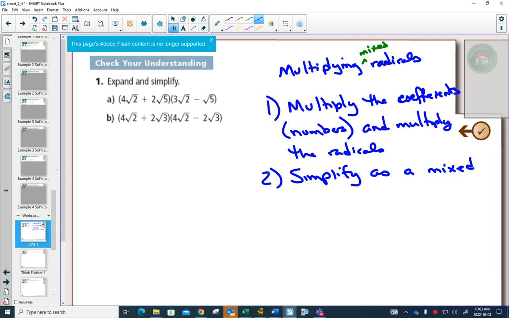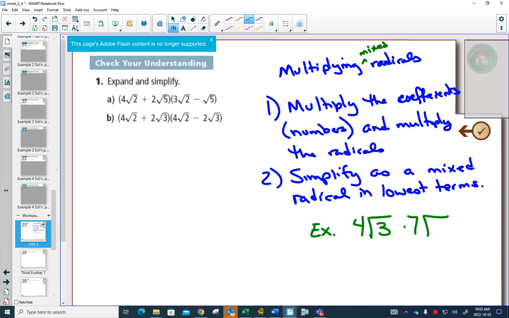We always then simplify as a mixed radical in lowest terms to end with. So for example, just a mini example here, if you had 4 root 3 times 7 root 6.